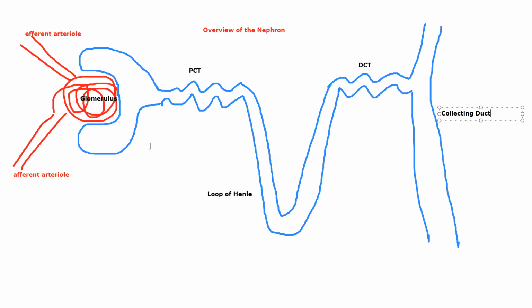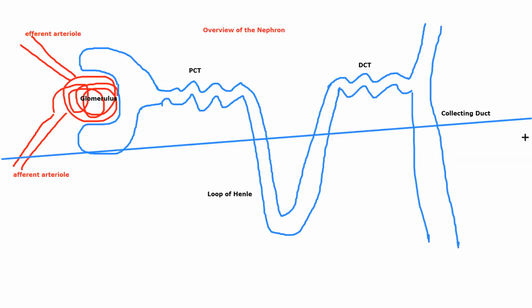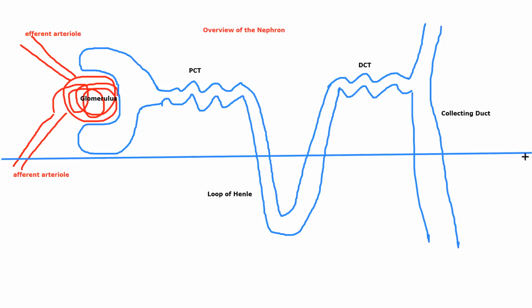Okay, first thing we want to distinguish is that the glomerulus and this part of the tubular structure, so the PCT, DCT, this is all up in the cortex, okay? I'm going to draw a line here, which is demarcating the cortex versus the medulla.